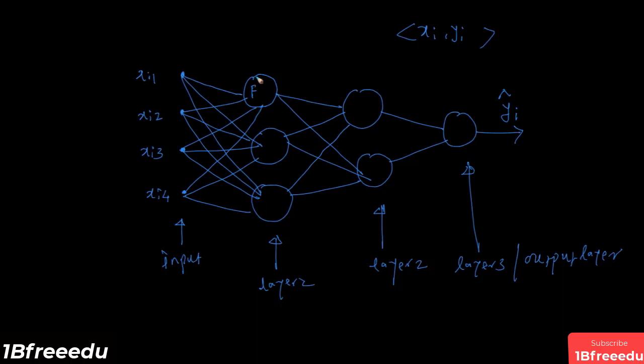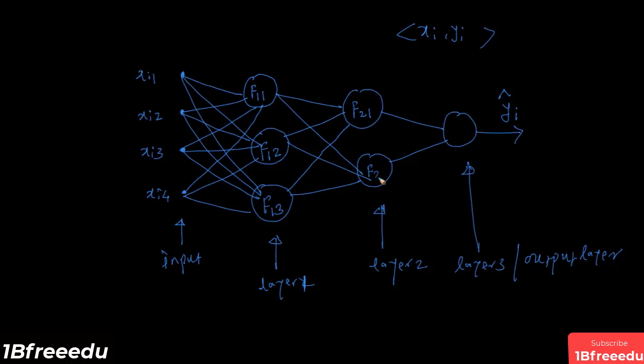Now I can represent the function in this neuron like this: f11. This first 1 stands for the first layer; this is layer 1. This is first layer, first neuron. f12: first layer, second neuron. From the top I am counting neurons, right? This is first layer, third neuron. This is second layer, first neuron.